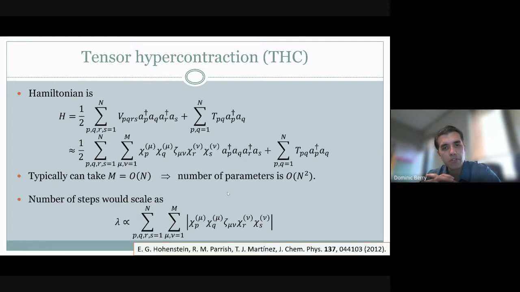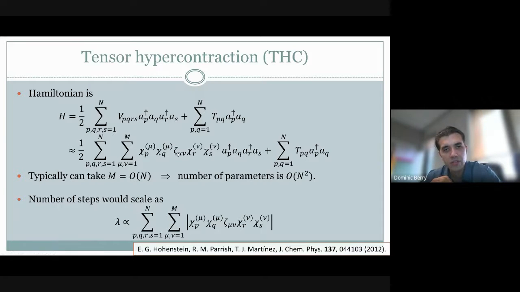Now, the representation we're using in this work is what's called the tensor hypercontraction approach, or THC. So that's an established method in the classical literature. There's an example down there, and the representation basically takes this V and represents it in terms of chi's and zetas.